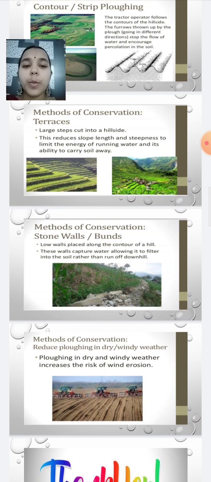This reduces slope length and steepness to limit the energy of running water and its ability to carry soil away. On the hillside, terraces are cut and agricultural activities are carried out, and this doesn't allow the running water to carry the soil, and hence it encourages soil conservation.